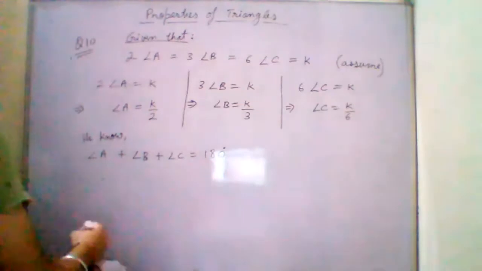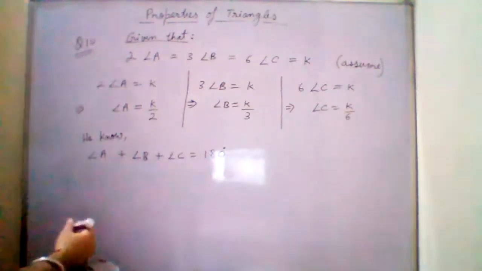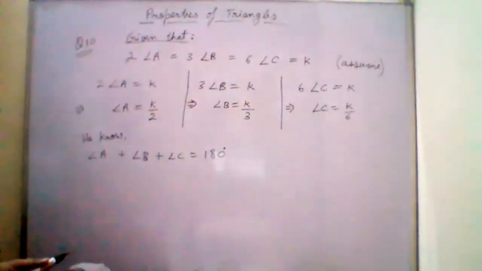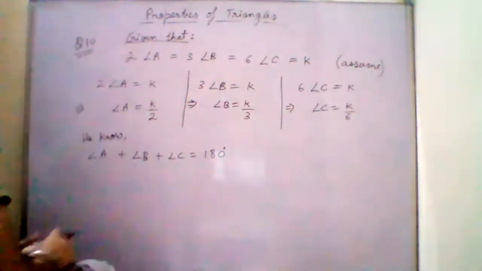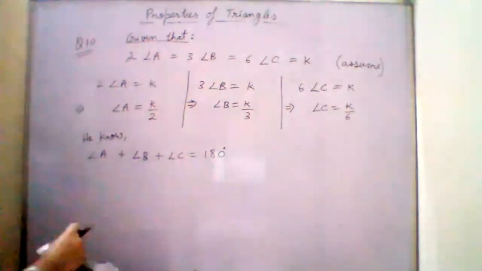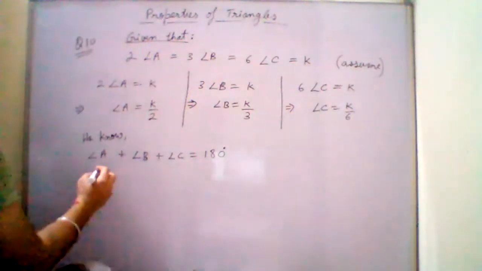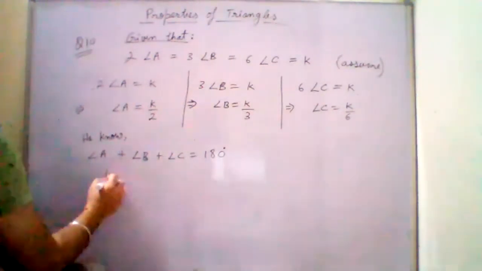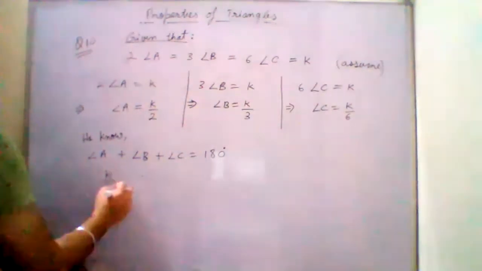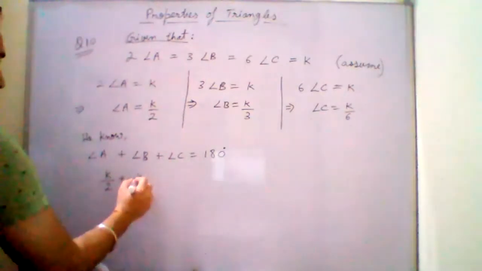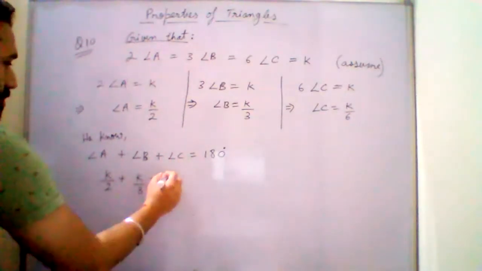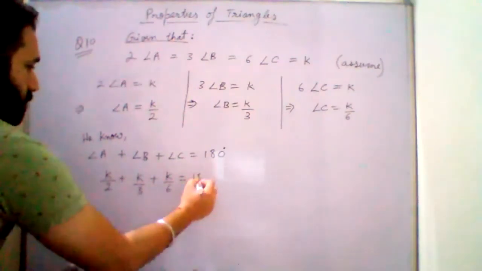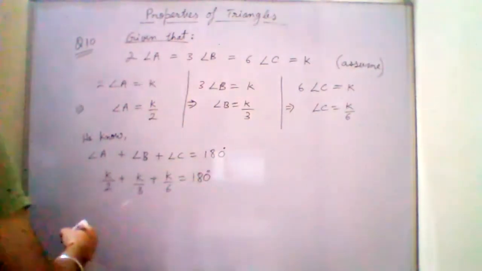You all know this, that the sum of all three angles is equal to 180. Now put the values of angle A, angle B and angle C in terms of K: K upon 2 plus K upon 3 plus K upon 6. The sum of all three angles equals 180 degrees.